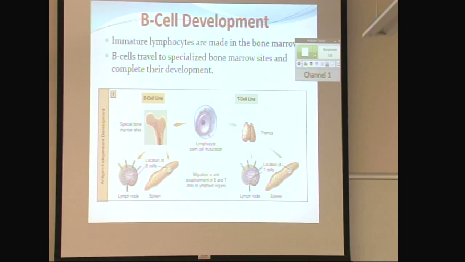So you'll see how that works. First, a little background: your B cells are made in the bone marrow. Once they mature and are ready to function, they go to your lymph nodes, which are all over the body basically, and then the spleen. Your T cells are pretty similar.